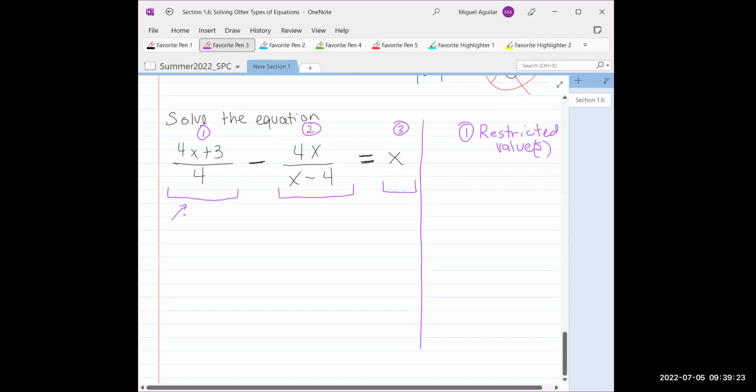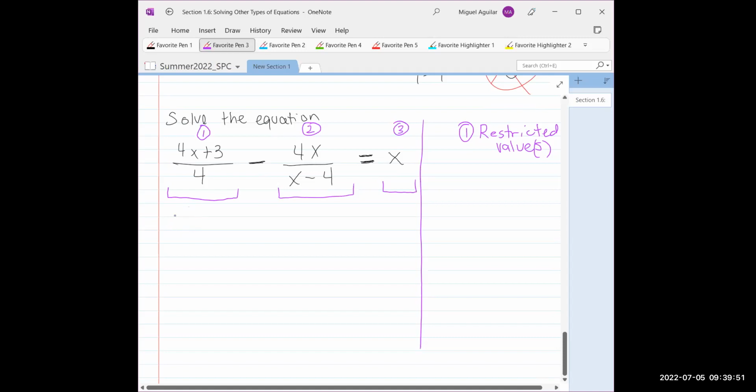So for this first term, look at the denominator. Is there a variable in the denominator? I say no. It's just the number 4.